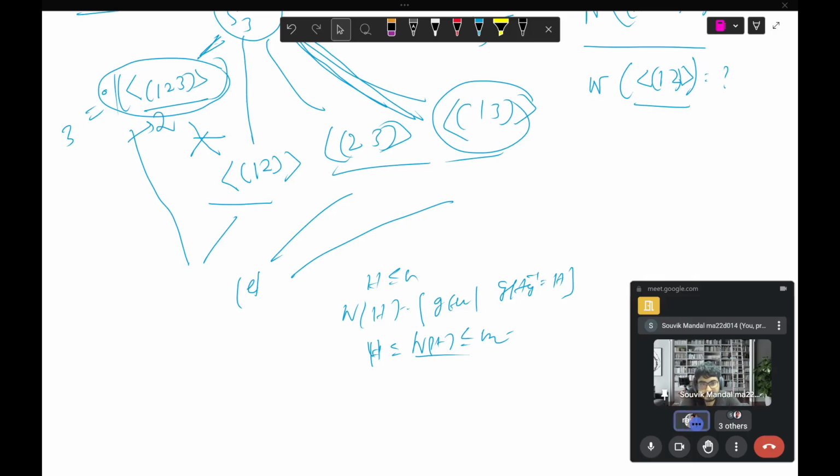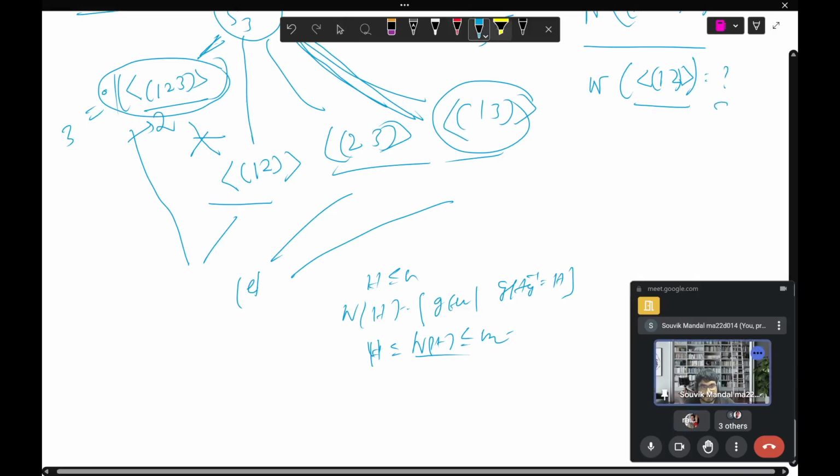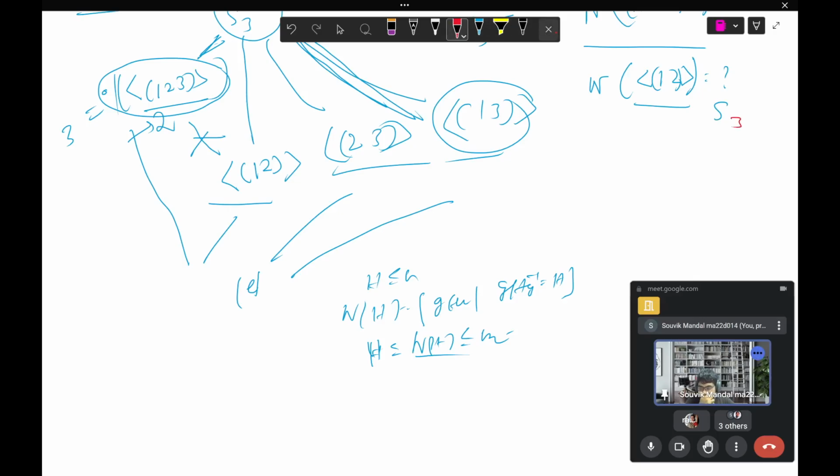It's S3 only. So you're saying the normalizer of the subgroup generated by 1, 2 is S3, right? Yes. So first tell me why you think so. Give the argument. Because H, the group generated by 1, 2, should be contained in the normalizer of H. And there are no groups between S3 and the group generated by 1, 2. And so S3 should be the normalizer.